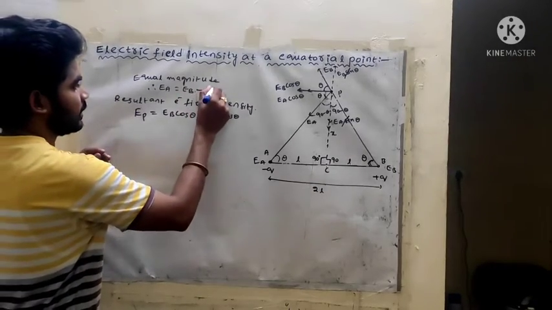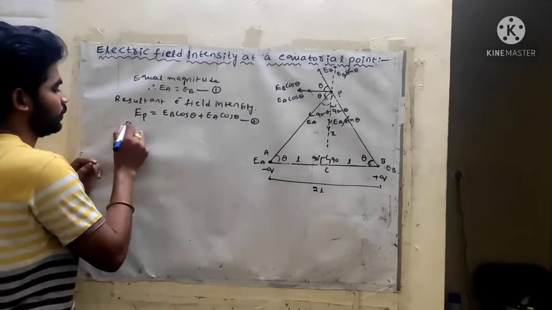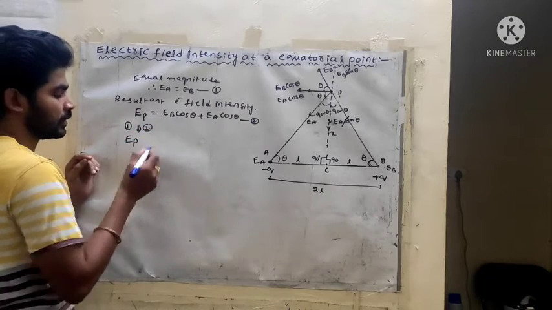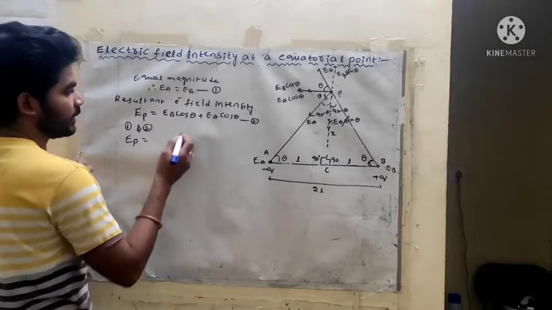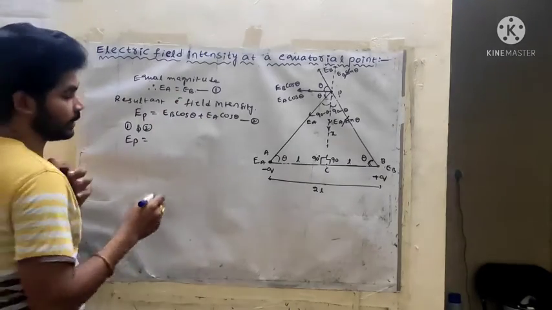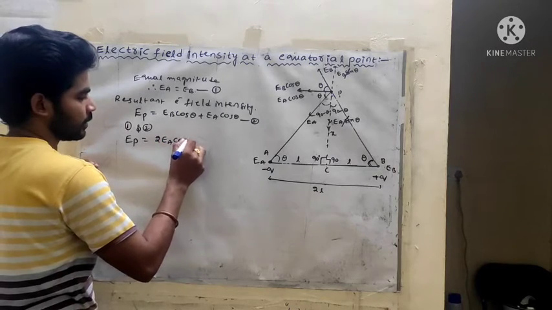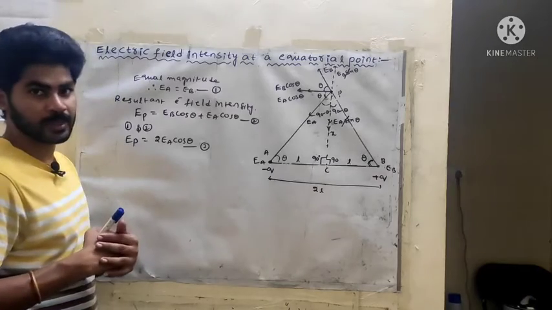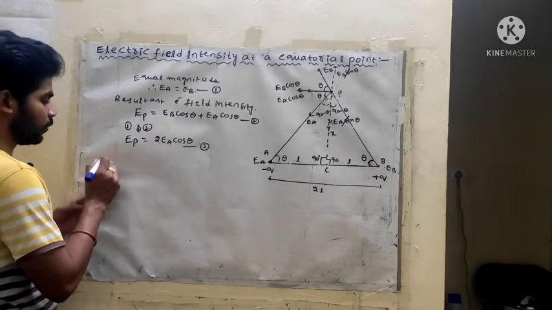This is equation 1 and this is equation 2. From equations 1 and 2, the resultant electric field at P, EP, with EB equal to EA, we can take EA only, which gives 2 EA cos theta. This is the resultant equation. First, you can write the electric field at point A.